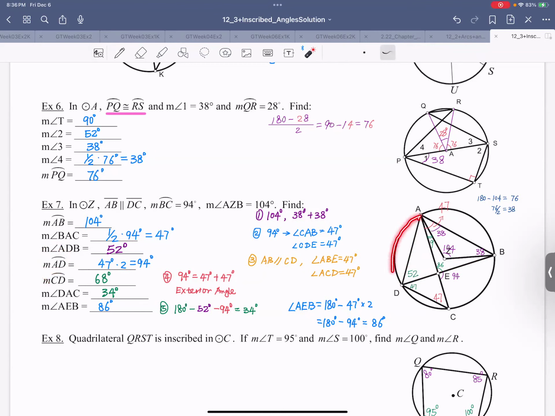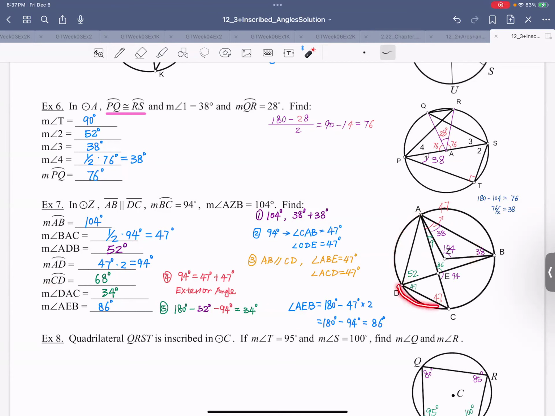Arc of AD. Remember, we know this guy to be how much? 47. Good. We also know this is 47, so arc of AD will be double of 47, right? Which is 94. Next one.